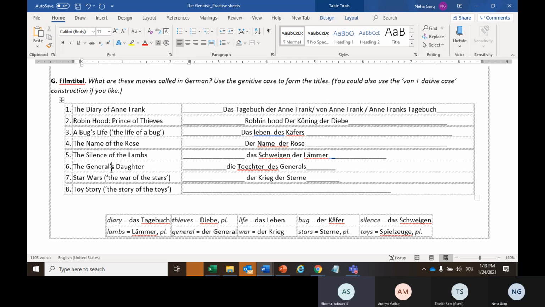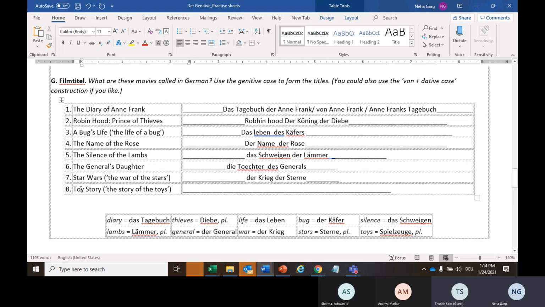Die Tochter des Generals. Next, Star Wars. Der Krieg der Sterne. The War of the Stars.